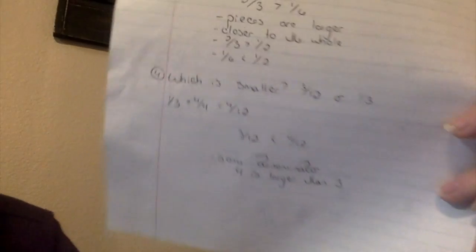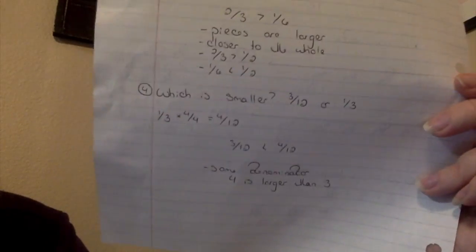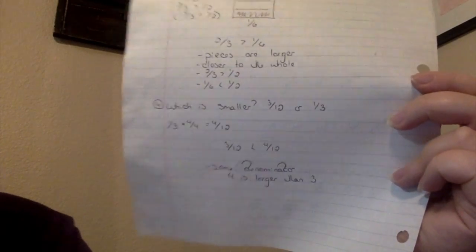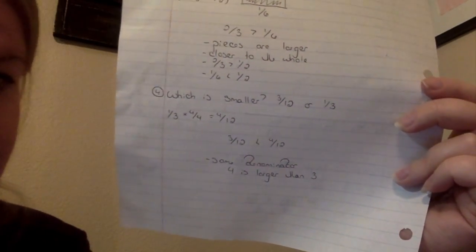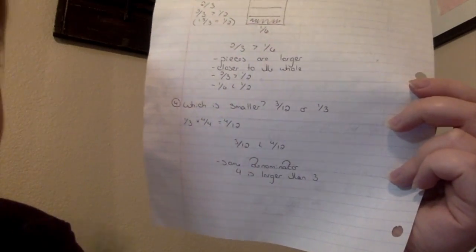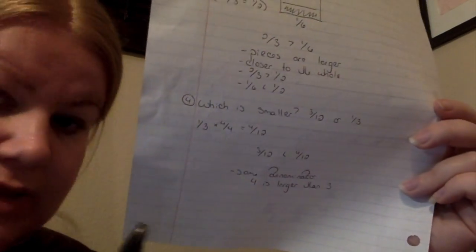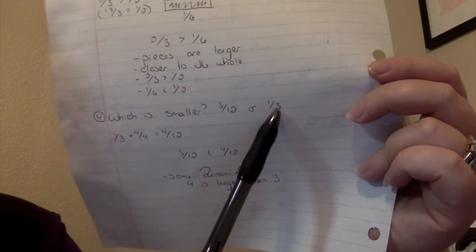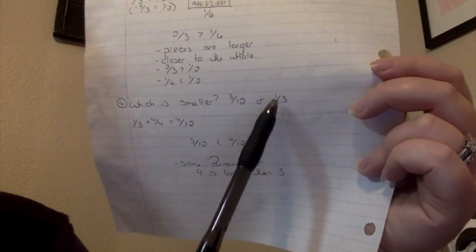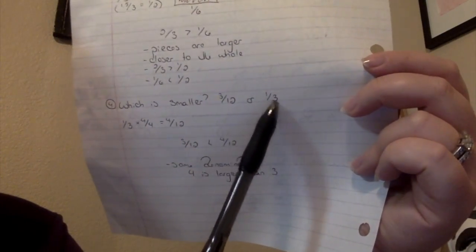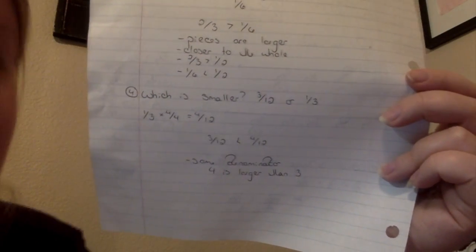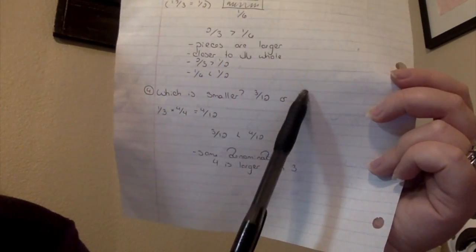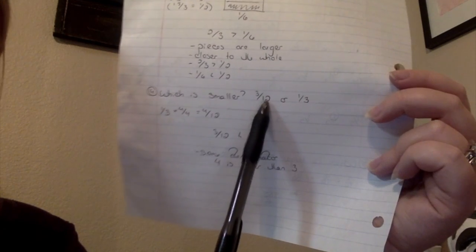Last one. So now we're going to ask ourselves which is smaller. And we're going to use the closer to the whole method for this one, okay? And we also did some equivalency here too. So I have 3/12 or 1/3. I see a relationship between these denominators if I want to get like denominators. I know that I can do equal math to 1/3 and get that to be a 12th.